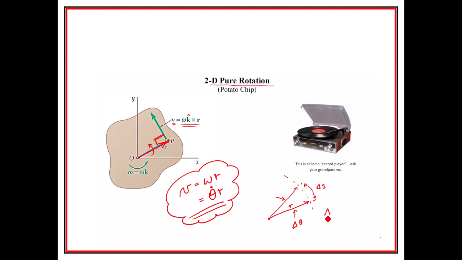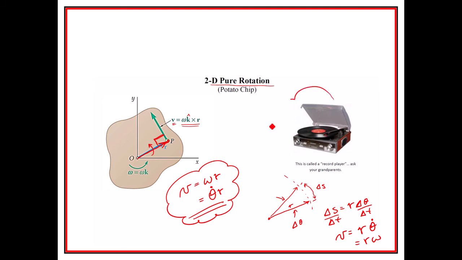If we wanted to find delta s, it would be equal to r delta theta, right? And of course theta is in radians. But now if we just take this over time, we could see that v is equal to r theta dot, which we also, of course, express as r omega, right?